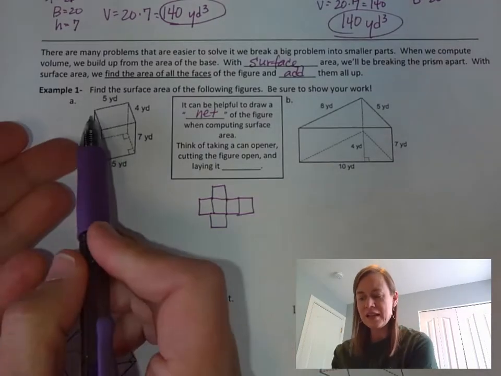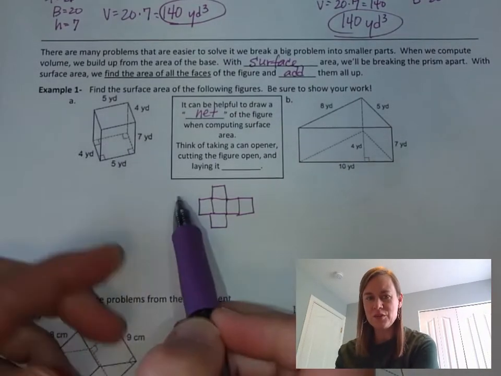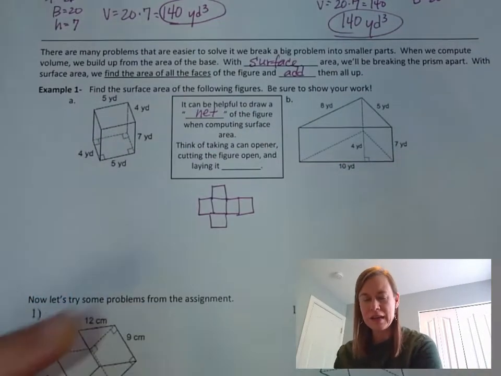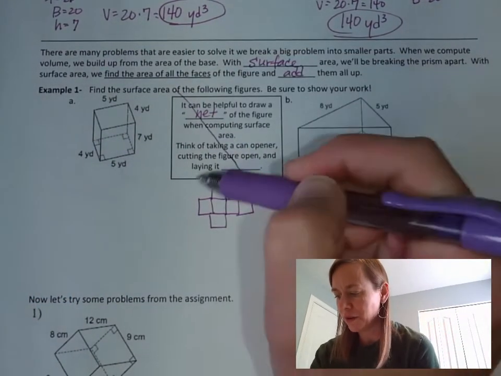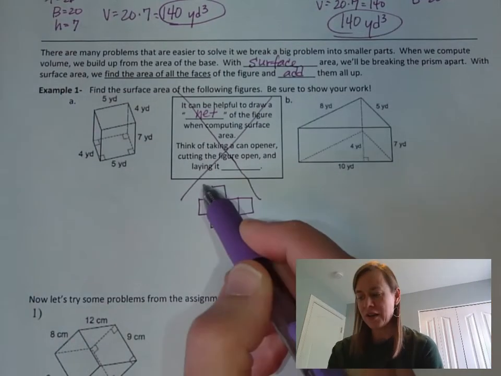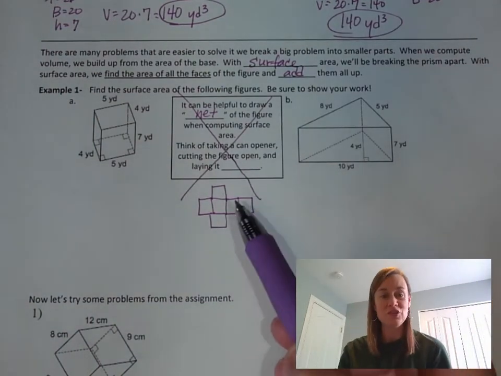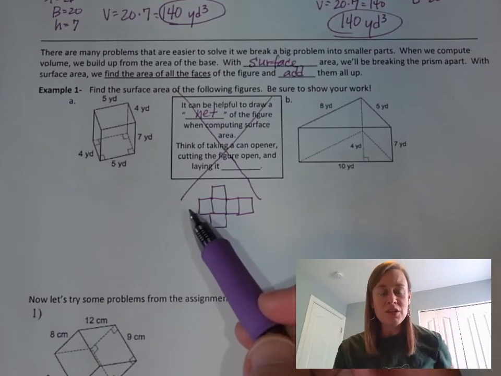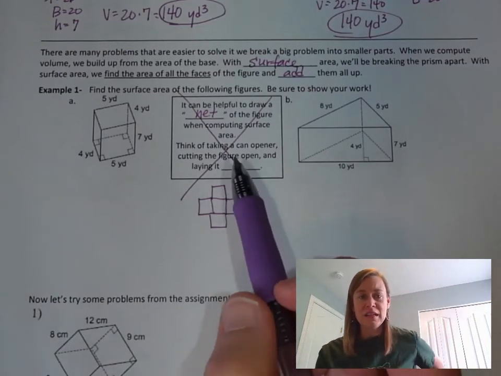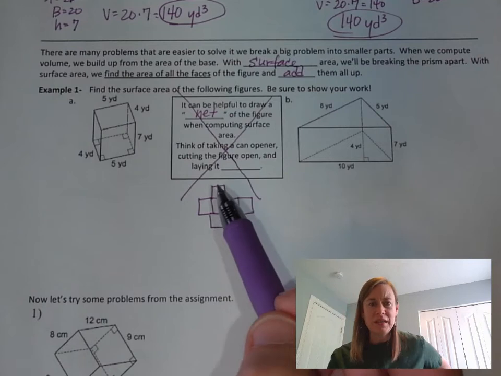But for me, taking this apart into a shape like this and putting all the right numbers in the right place, I find that confusing. That's what this is set up for. And again, you don't have to worry about it. Now, if you would like to do it that way, you go for it. Absolutely do it. But for me, I'm going to be just showing you how to find the different sides and then multiplying them by 2.